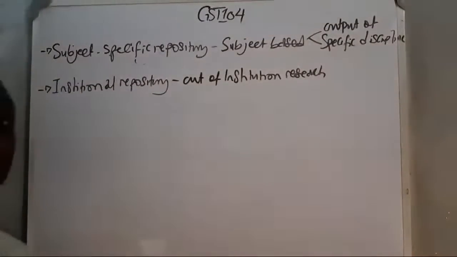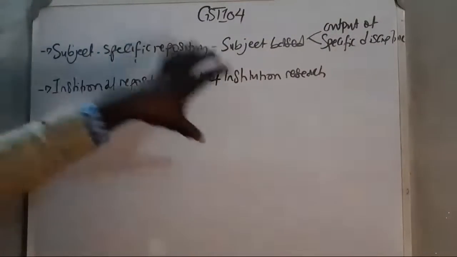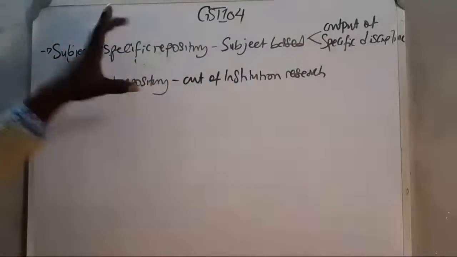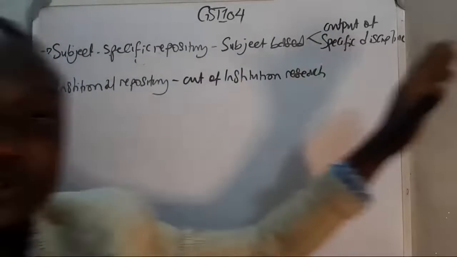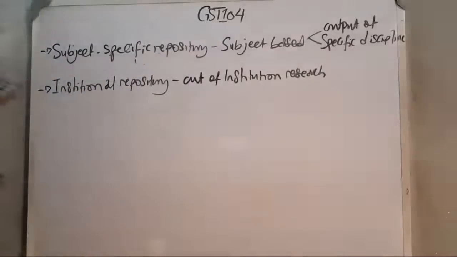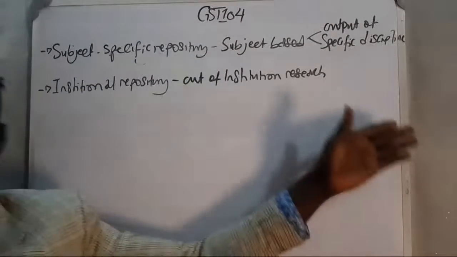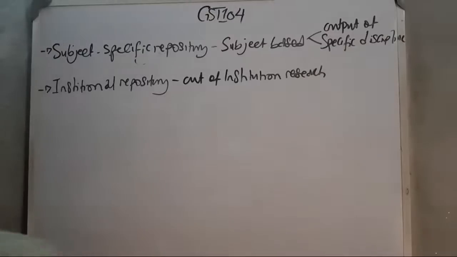Just a very simple and straightforward type of repository. The subject specific is subject based and focused on specific discipline, while institutional is more of research on the institution, and it is the responsibility of the institution to make it available.